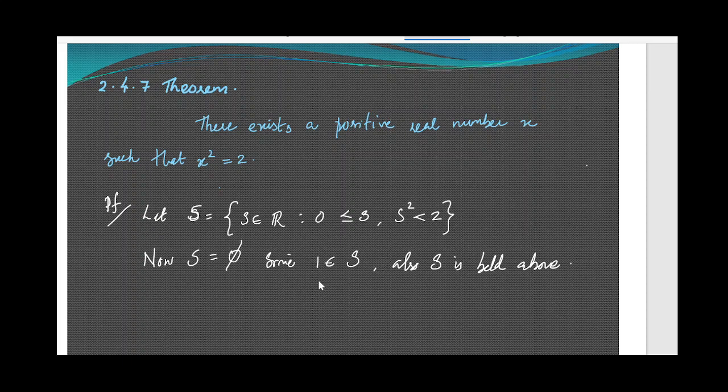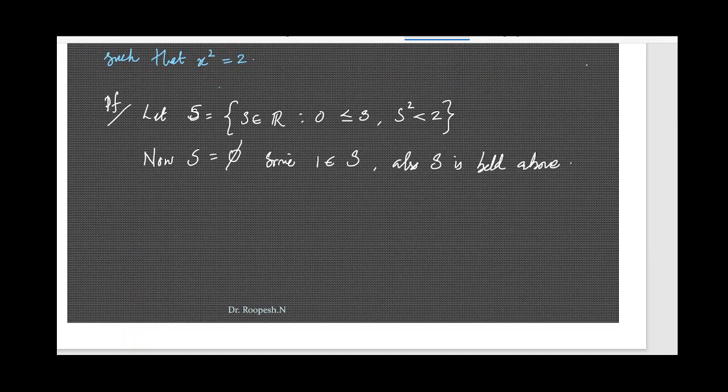Therefore, we have studied that a bounded above set should have a supremum in R. Okay, so completeness property. Bounded above by 2 we can have. Since t greater than 2, then t square is greater than 4, right?